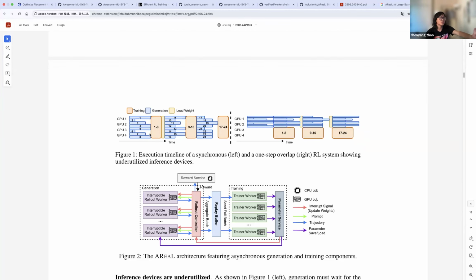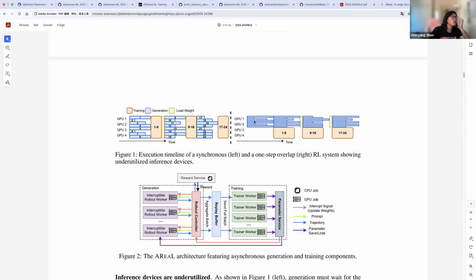This is the traditional synchronized RL. They call it synchronized because you have to do the active model rolling outs and the active model training iteratively. When you are doing rolling out, you cannot do the training, and after you finish rolling out, you can do the training, and after the training, you can start rolling out again. That's the synchronized version. But for the asynchronous version, they have a clear definition.